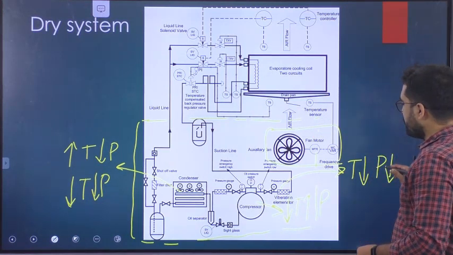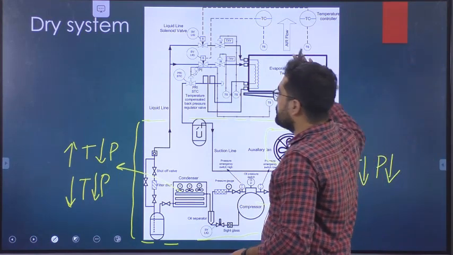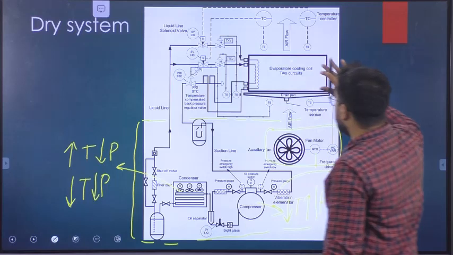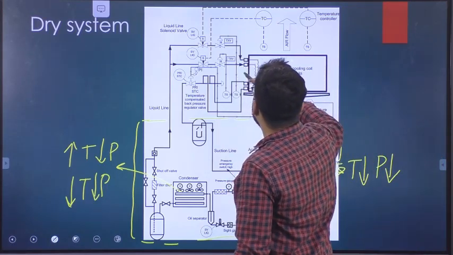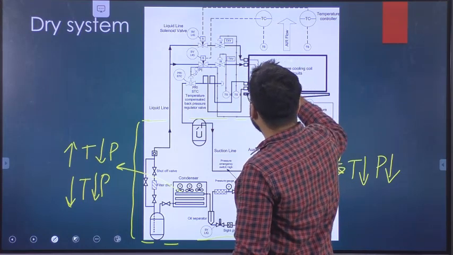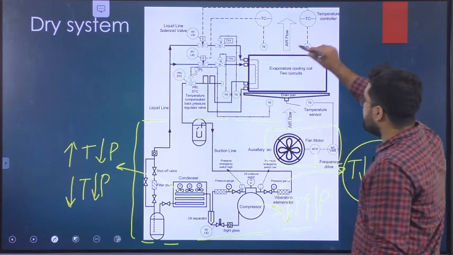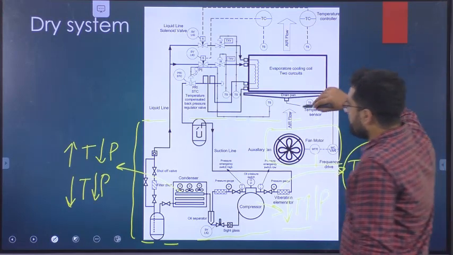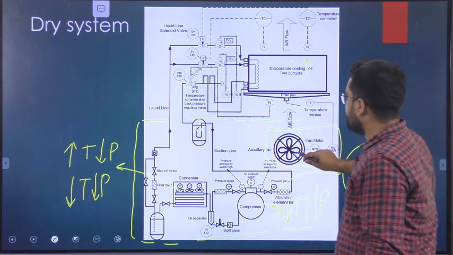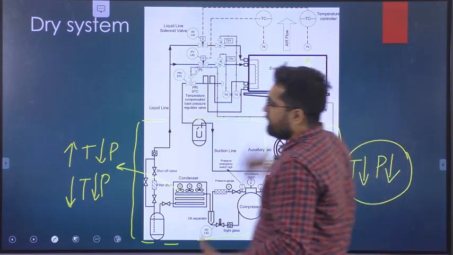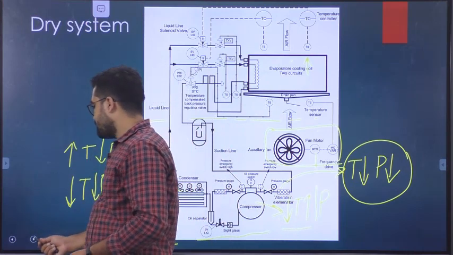So again we have to reduce this pressure before entering into the evaporator. We should have some valve here, which will help us to reduce the pressure. Then we will pass the low temperature, low pressure gas to this evaporator, and with the help of this fan, this evaporator will help us to reduce the temperature of our produce. So this is the dry air system.